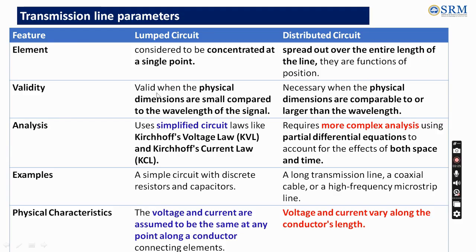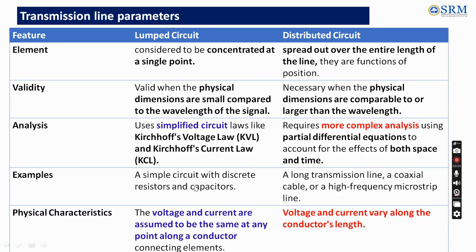We go for lumped circuit analysis when the physical dimensions are small compared to the wavelength of the signal, whereas in a distributed circuit, the physical dimensions are comparable to or larger than the wavelength. We use simplified circuit laws like Kirchhoff's voltage law and Kirchhoff's current law for lumped circuit analysis, whereas for distributed circuits we go for more complex analysis using partial differential equations so that we can include the effect of both time and space.